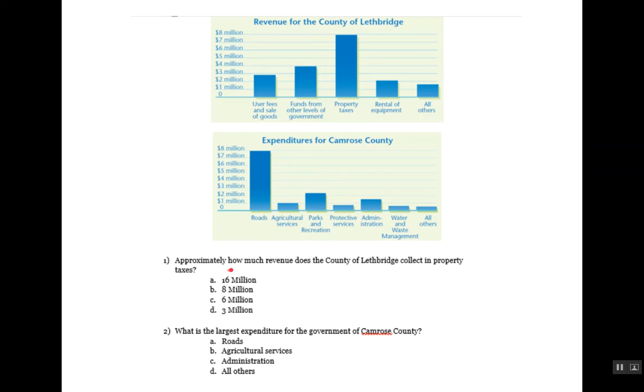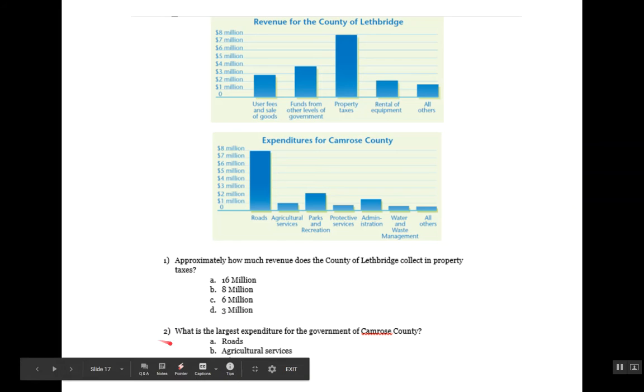Question 1, approximately how much revenue does the County of Lethbridge collect in property taxes? A, 16 million, B, 8 million, C, 6 million, or D, 3 million? You might want to pause here and answer your question. Question 2, what is the largest expenditure for the government of Camrose County?